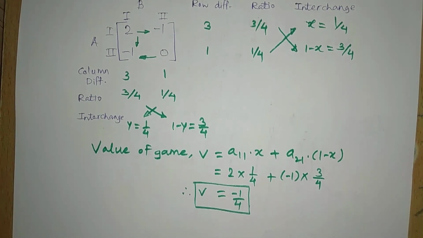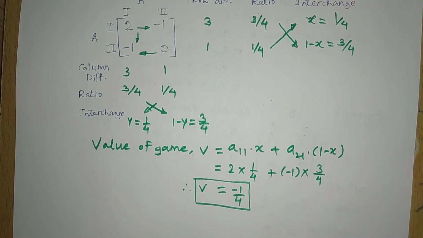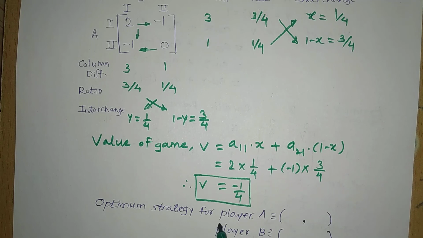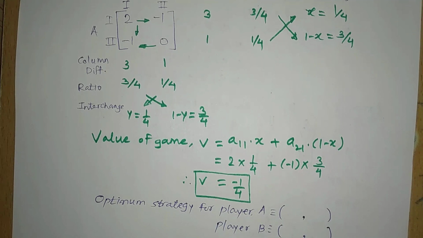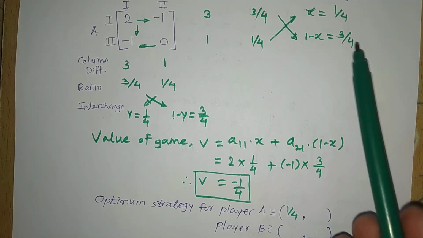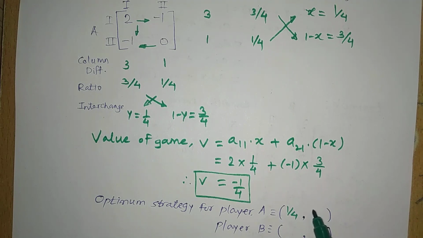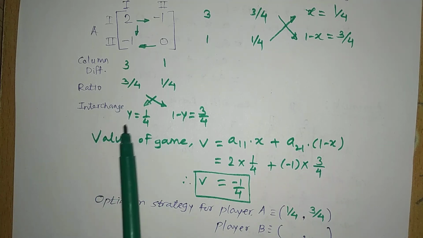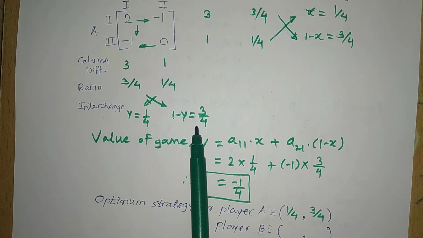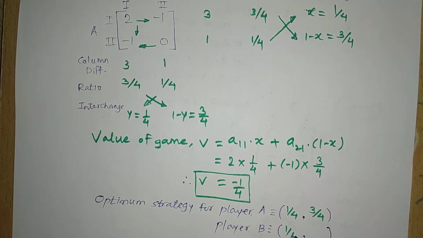The optimum strategy for player A is x and 1 minus x, that is 1 by 4 as the probability for strategy 1, and 3 by 4 as the probability for strategy 2. Similarly for player B, y and 1 minus y are the optimal strategy probabilities, 1 by 4 and 3 by 4.